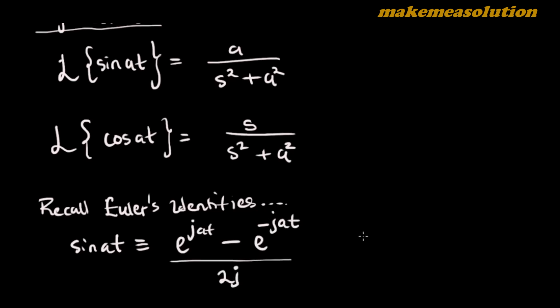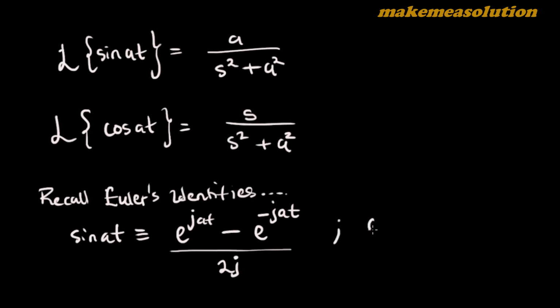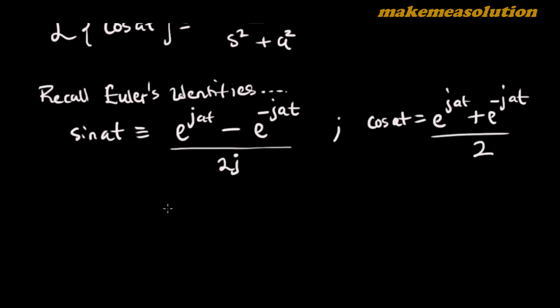Is that okay? And the same thing happens to cos at. It can be expressed as exponential j at plus exponential minus j at over 2. So these are the complex representations of sine at and cos at.